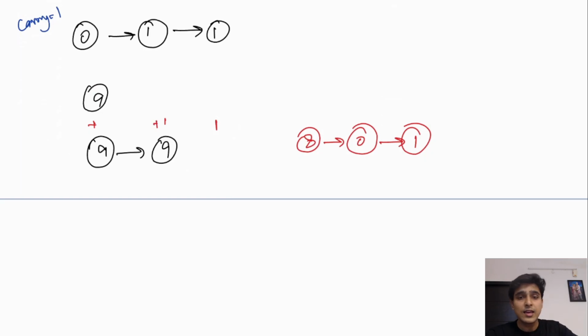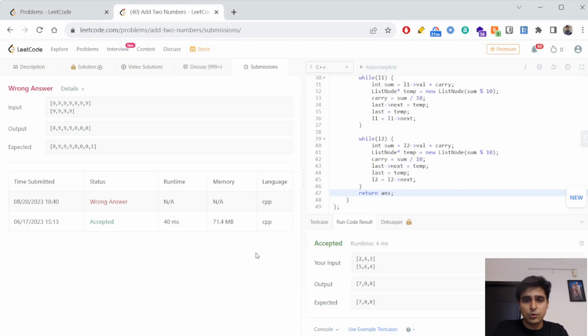It means even after both lists are done, if the carry is non-zero, you have to create a new node at the end and add the carry. So let's do that bit and then we'll be good.